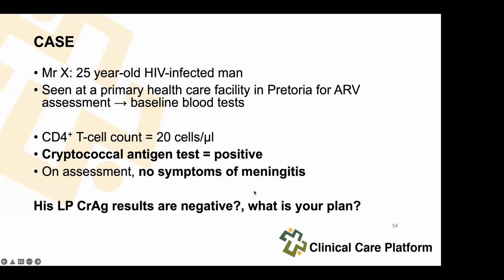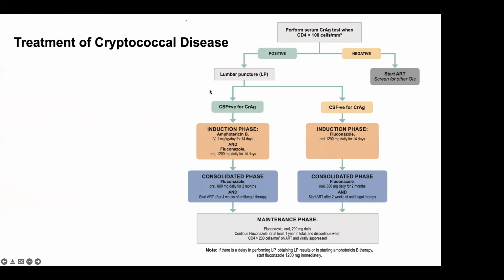After 2 months, you then take it to 200 milligrams for at least a year, and only stop when the CD4 count is above 200 and the viral load is suppressed. And that is where we are at. So I'm quite happy with you in terms of where we are, and this is the algorithm right there.